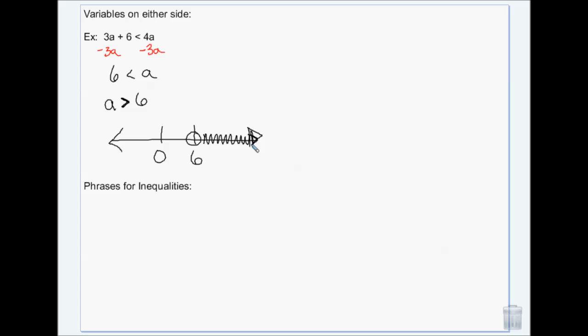And in set builder notation, it's due to a branch of mathematics called set theory, and sets are just collections. So basically I'm saying this is a collection of every number that I could plug in for a and be greater than 6.